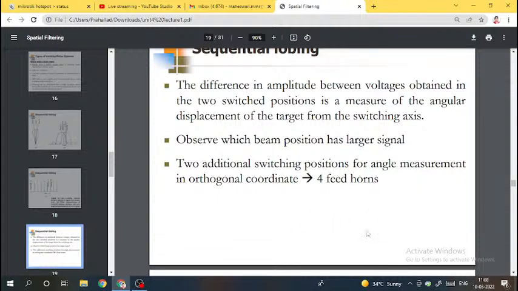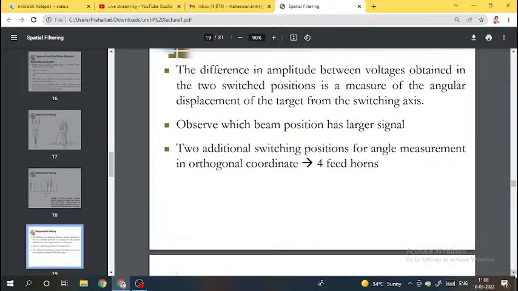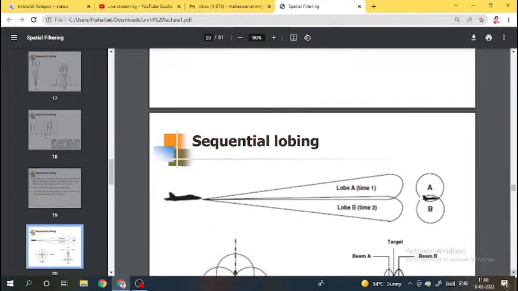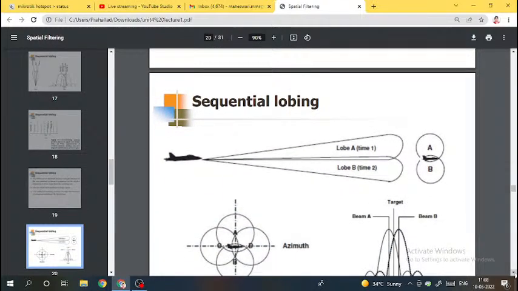By switching the lobe between 4 different positions using the 4 feed horns, you can track the trajectory of your target. You can find the error and, based upon that error, give it to the servo motor, and that servo motor will change the angle of your beam.